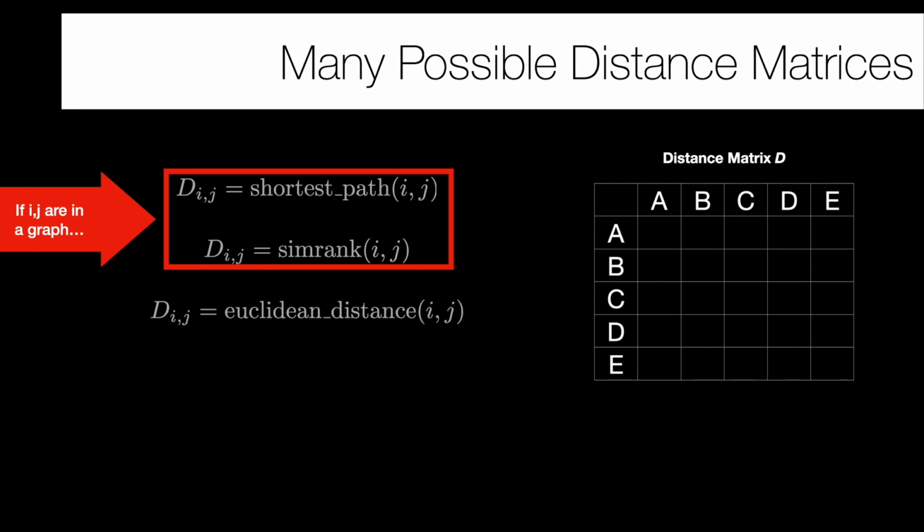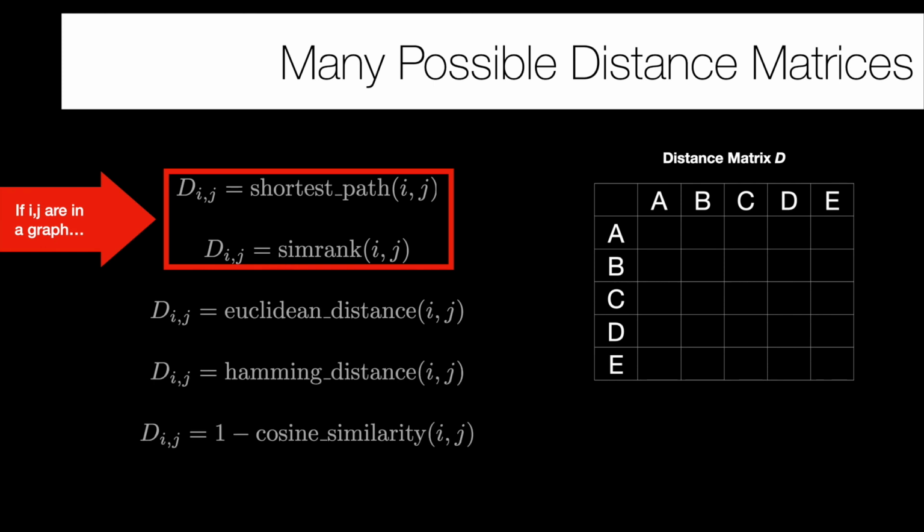You can calculate the distance between two elements using Euclidean distance or Hamming distance or cosine similarity or Jaccard similarity or many others, and fill out this matrix in a different way. Similarly structured, but a very different kind of information that you might extract.